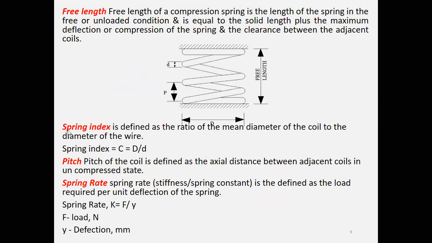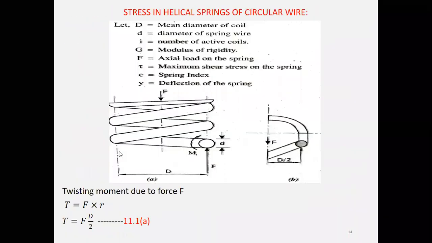Here I have given that C is nothing but the spring index. The spring index is given as capital C in the data book, or as small c in the textbook. It is the ratio of the mean diameter to the diameter of the coil. I am going to substitute that here.